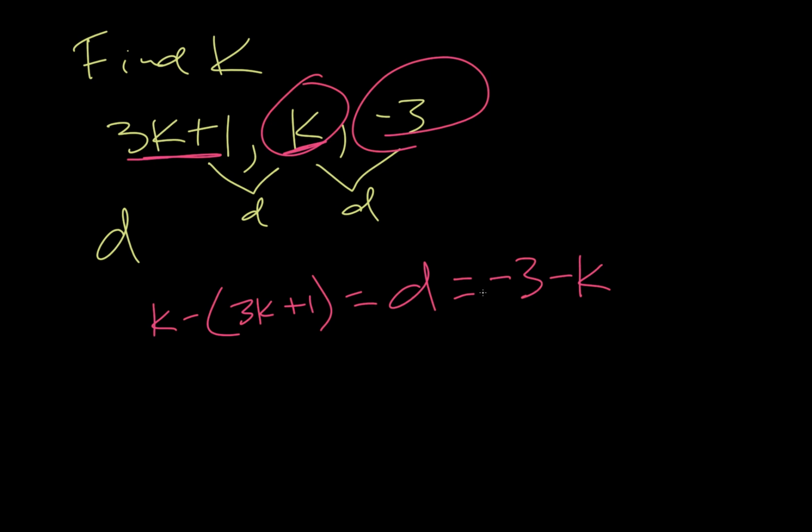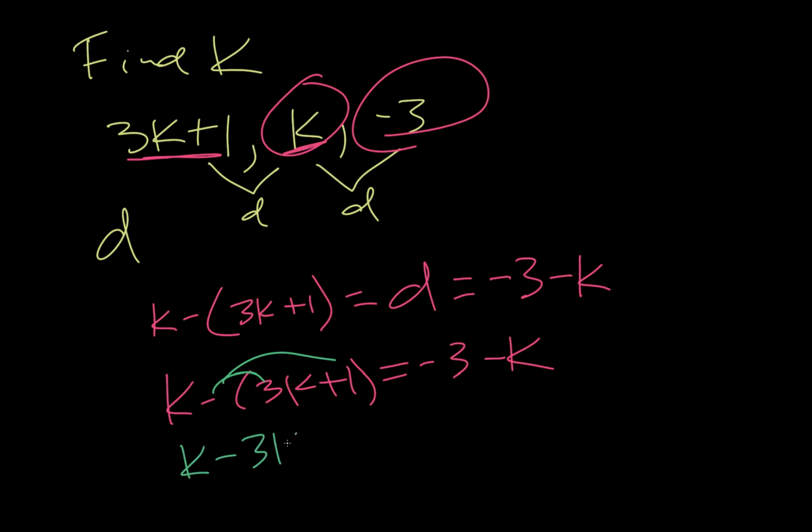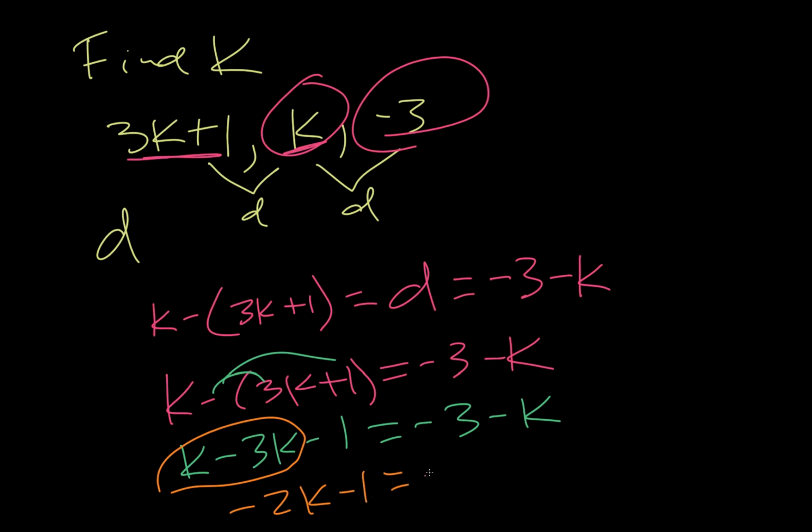Since they both equal d, we can set them equal to each other. So k minus (3k plus 1) equals negative 3 minus k. Now, all we have to do is simplify and solve for k. So we want to distribute this negative. And then we want to start getting things on the same, well, here, let's combine these first. So that's negative 2k minus 1, negative 3 minus k.